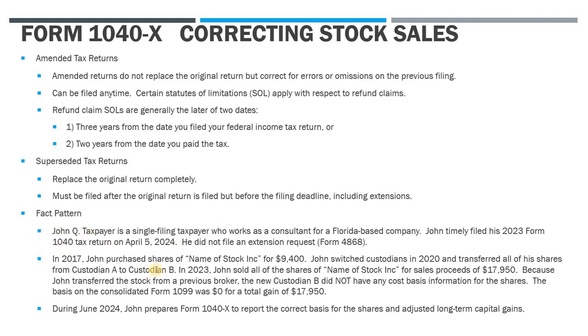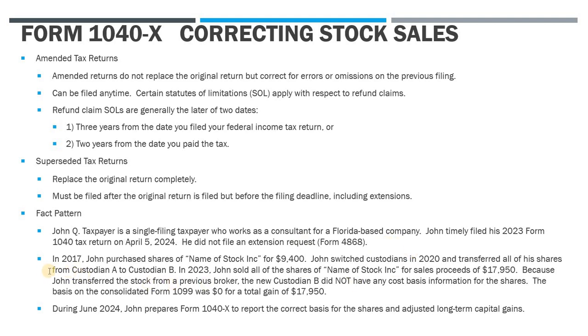So let's have a look at the fact pattern here, and then we'll look at that original tax filing. In our fact pattern, we've got John Taxpayer. He's a single filing taxpayer, works as a consultant for a Florida-based company. He timely files his 2023 Form 1040 on April 5th, 2024, and he did not submit an extension request.